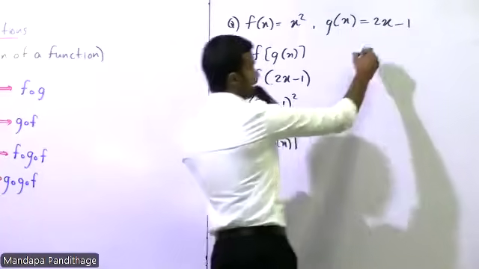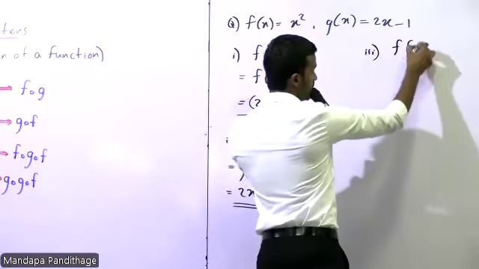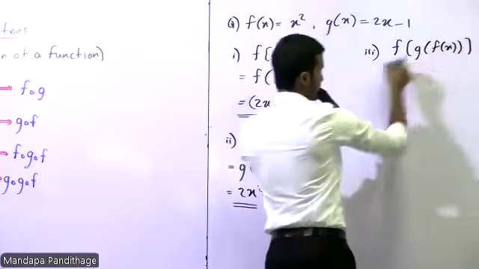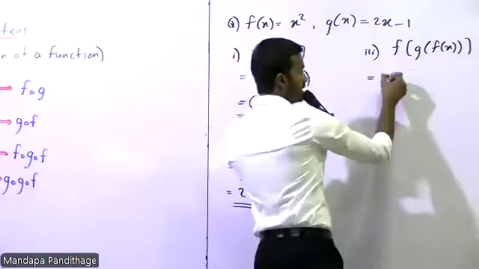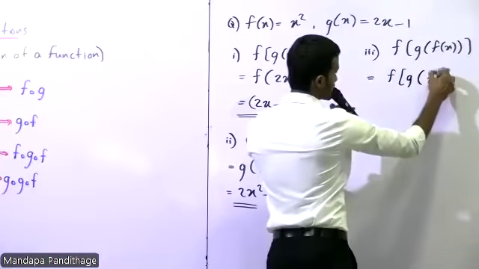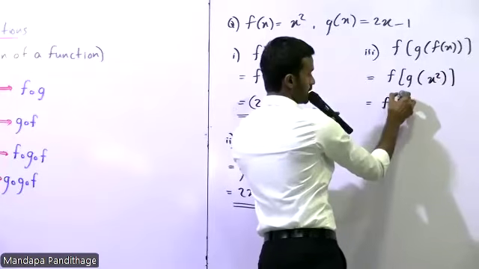Now let's see when we have three: f, g and then f of x. I'll explain this, and I want you to do the next one alone. First start from the inner one. What is f of x? f of x is x squared. Clear?